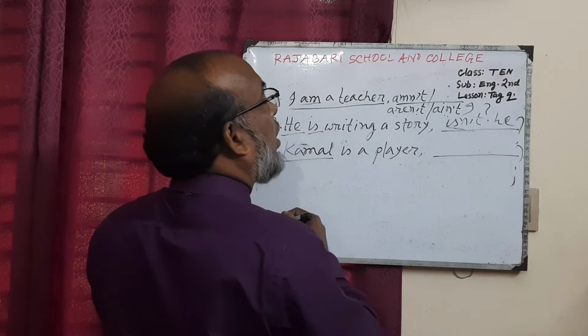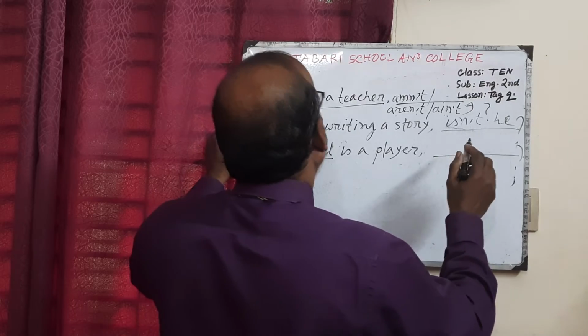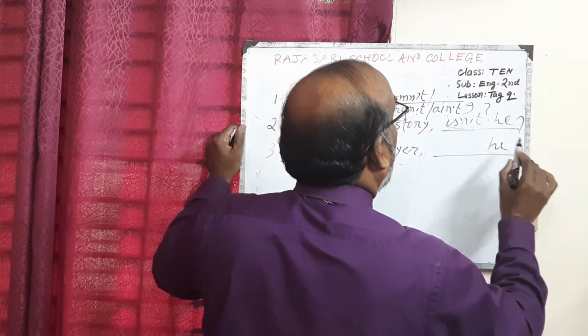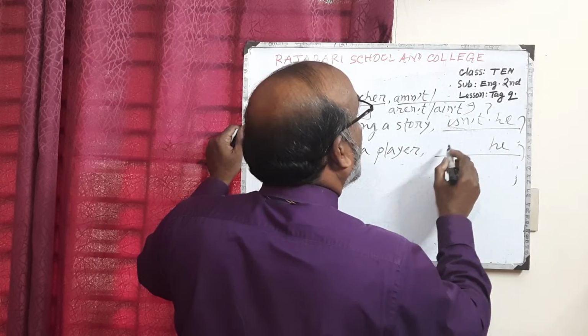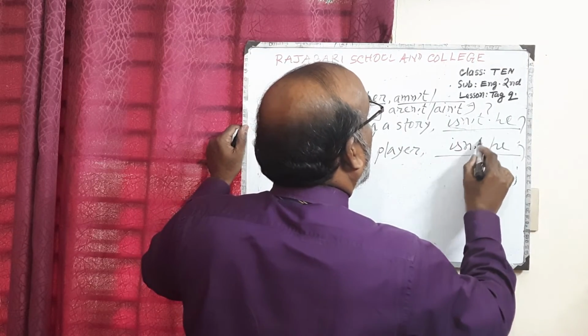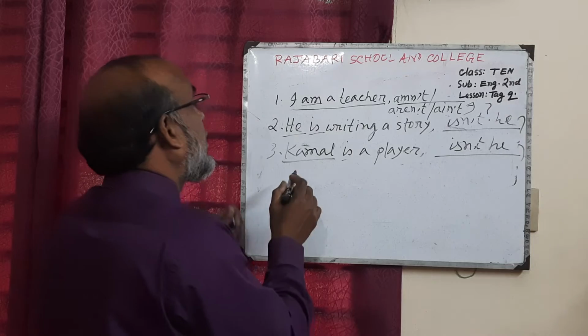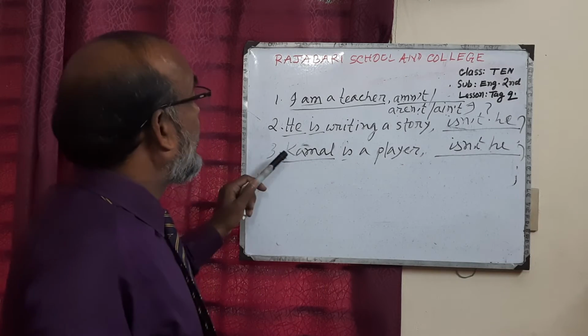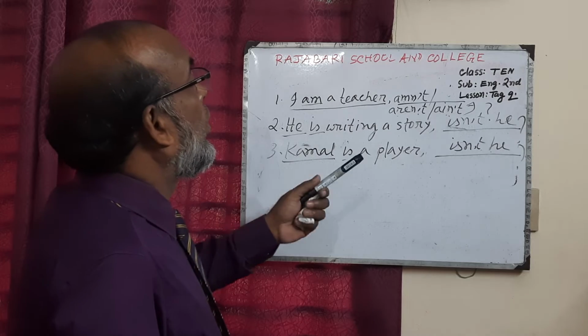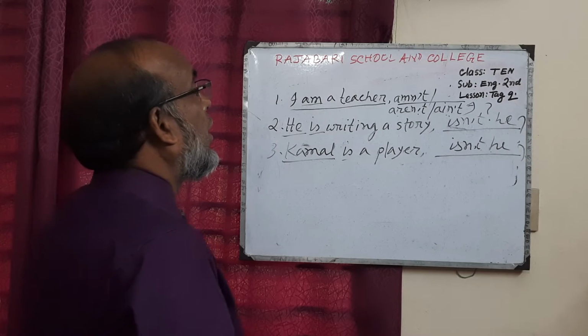This is why you have to use the pronoun he here, and the auxiliary verb will be isn't. Isn't he? As Kamal is a male person, instead of every male person it will be he.